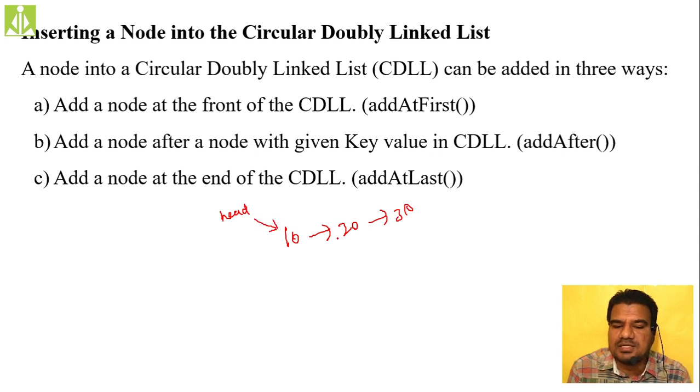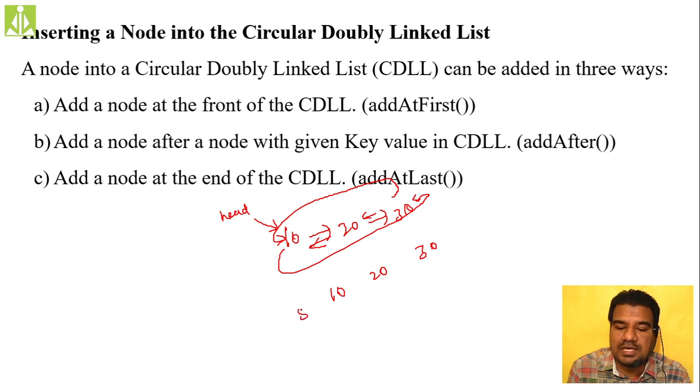This is my circular doubly linked list. Like this we are going to have the links, which I am not showing: one more link from here to here, and another link from here to here. I'm simply showing 10, 20, then 30.